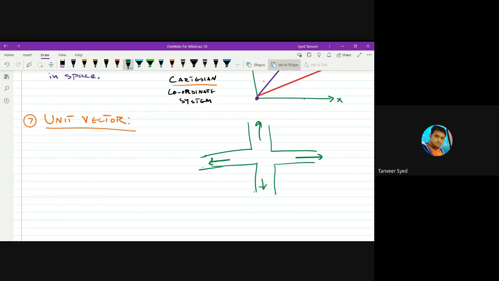If you go in this direction, let us say you go to Hyderabad. If you go in this direction, you go to Bangalore. And if you go in this direction, you go to say some Chennai. And if you go in this direction, you go to Mumbai.